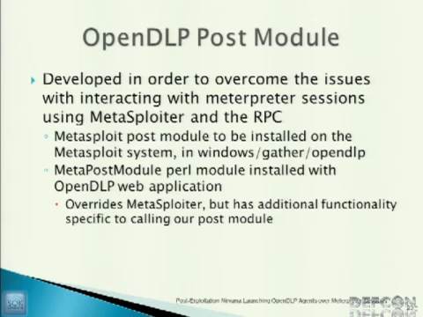And I created this module, called it OpenDLP.rb, written in Ruby. And it's installed in the Windows Gather directory. I also created a Perl module, which interfaces with this Ruby module. The Perl module is obviously installed on OpenDLP. And the only purpose of it is to connect to the Metasploit Ruby module.